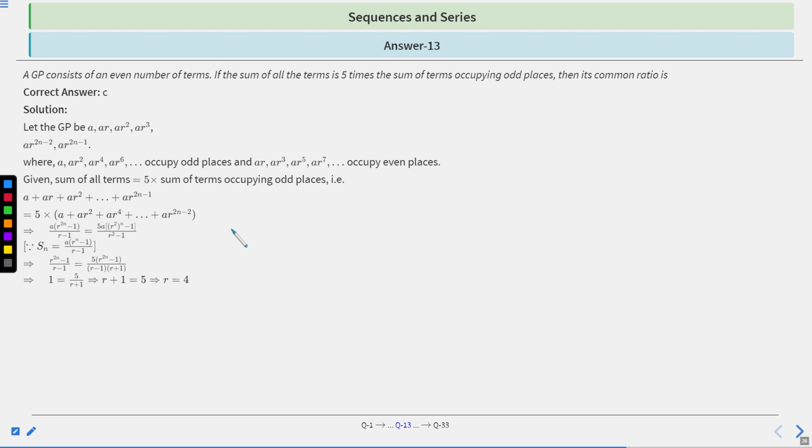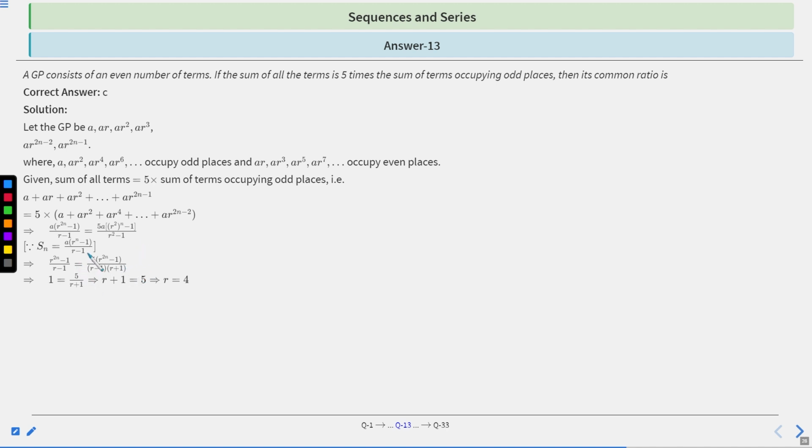Given the sum of all terms is equal to 5 times the sum of terms occupying odd places, that is A plus AR plus AR square plus till AR to the power 2n minus 1 is equal to 5 times A plus AR square plus AR to the power 4 till AR to the power 2n minus 2, which is in GP and can be solved by A into R to the power 2n minus 1 upon R minus 1 equal to 5A into R square to the power n minus 1 upon R square minus 1.